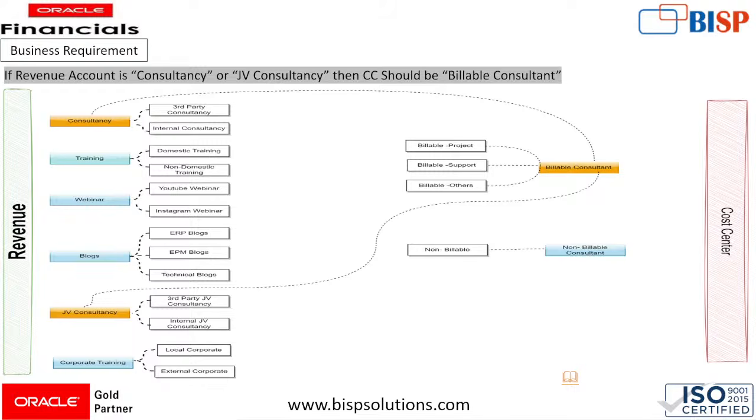A new account combination has to satisfy all the cross validation rules enabled for the chart of accounts before it can be created. So you can see if the revenue account is consultancy or joint venture consultancy, then the cost center should be billable consultant.